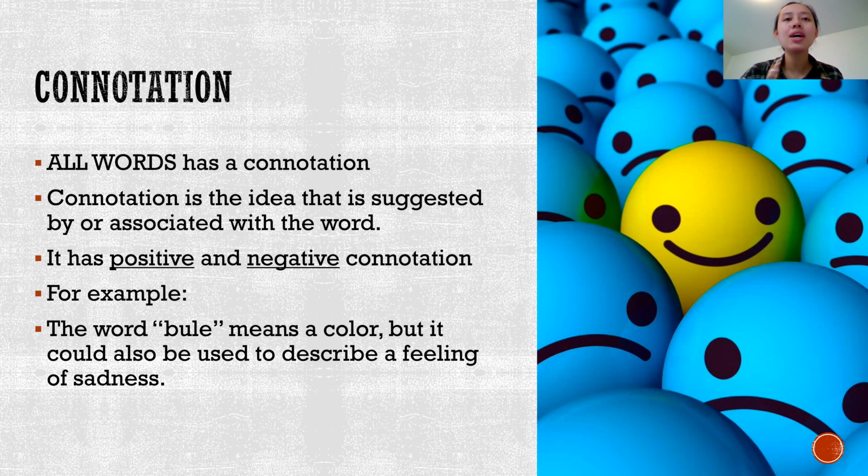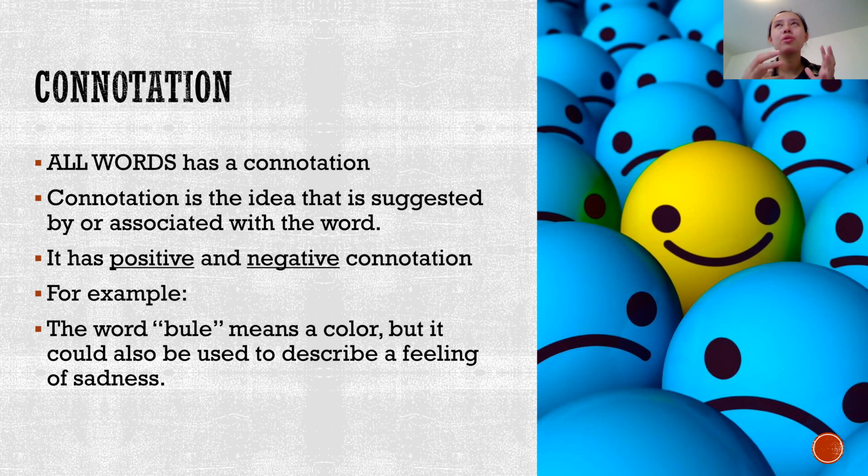So now, to review some of the readings that you have read, you can see connotations here, and all words have connotations. It's not just some of the words, or nouns or verbs. All words have connotations, and connotation is the idea that is suggested by or associated with the word.